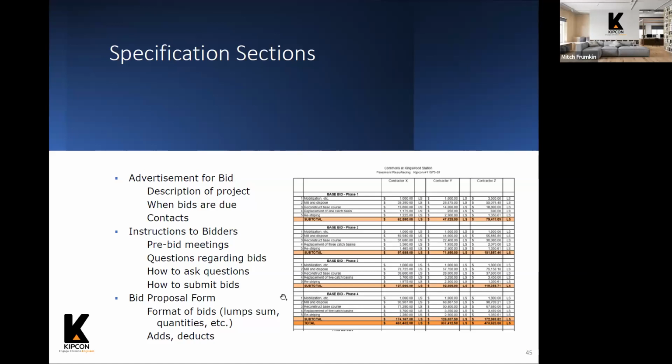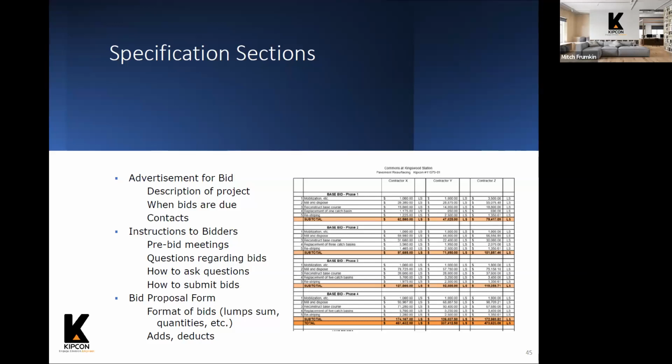The bid form will often, or always does actually, give information on how we want the contractors to present their pricing information, whether it's a lump sum, in square feet, or per each. If they're replacing items, say 10 streetlights are going to be replaced, that would be per each.